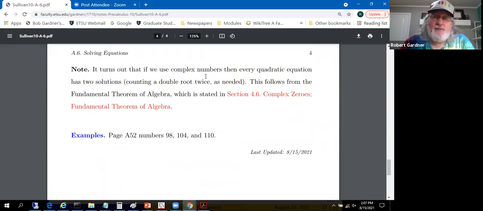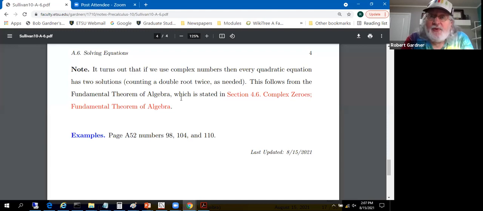It turns out if we use complex numbers, every quadratic equation has two solutions. This is a result called the fundamental theorem of algebra. I mean, the name of this class is Precalculus 1, parentheses, algebra. Precalculus 2 is about trig. So this must be important stuff.